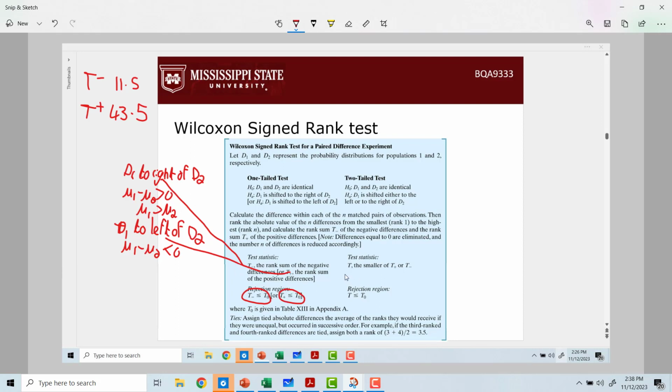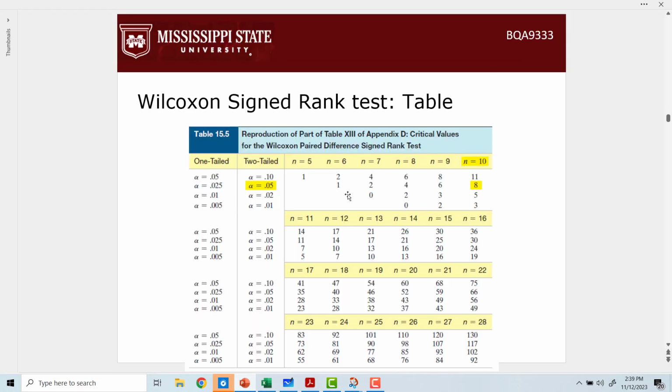For the two-tailed test, we just pick the smaller value. We're checking the extreme value. It doesn't matter which direction. And again, we're seeing if it's less than or equal to this value, T0. Okay, and I'll just show you this little table here.